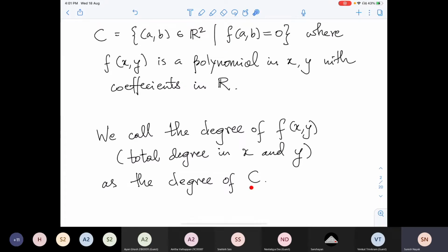So I should have been a little more careful. We need to impose some additional hypothesis on f to make sure it's well defined. But we'll be a bit loose here, and there will not be any ambiguity in our given situation. We'll just say it's the degree of the polynomial defining it.